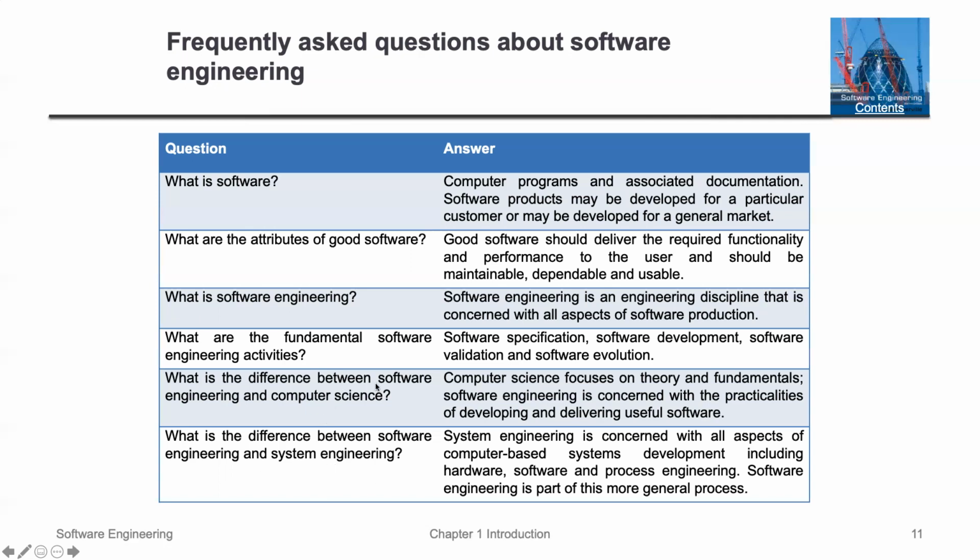We're making the distinction between three areas. System engineering is concerned with all aspects of computer-based system development, including hardware, software, and process engineering, while software engineering is a part of this more general process. As we go through the course, you'll get a better understanding of that distinction.